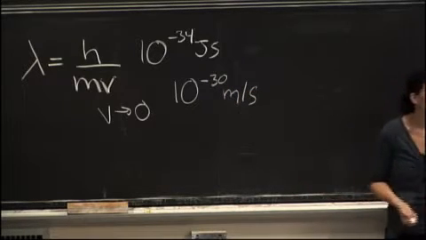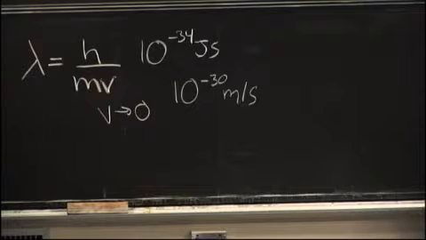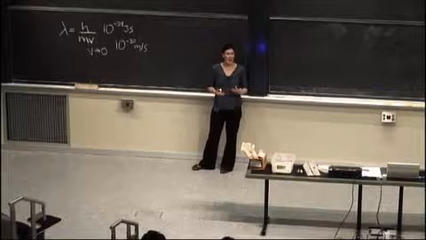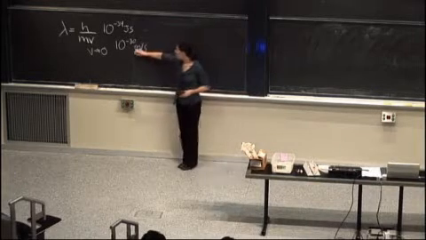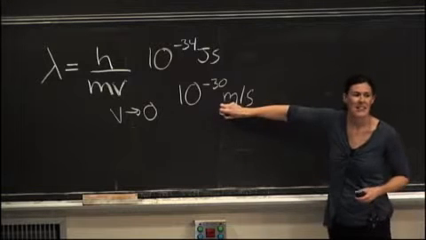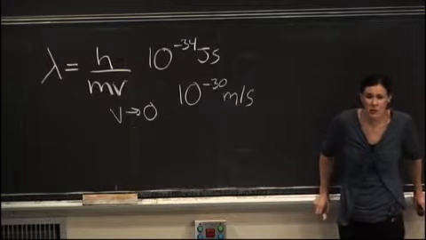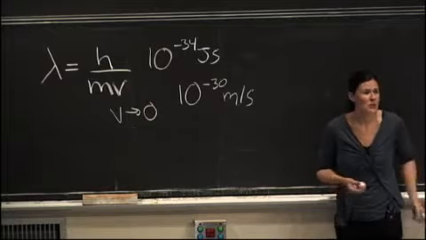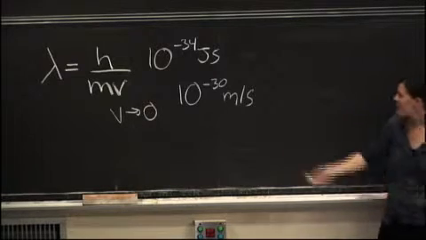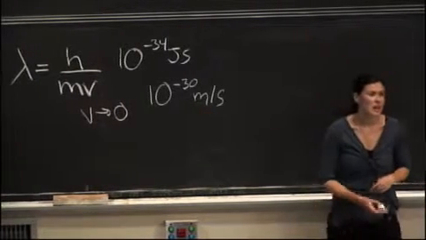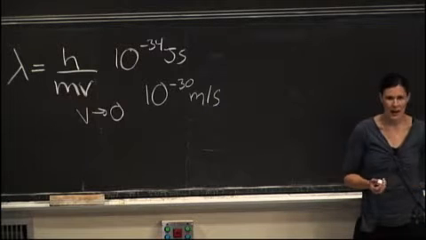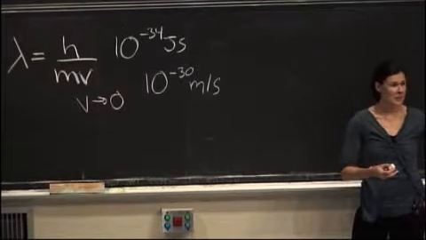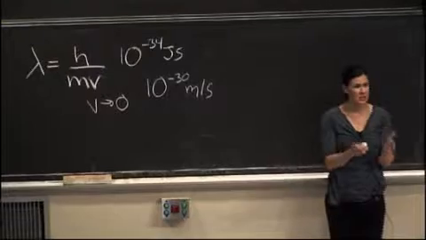First of all, that's pretty slow. It's going to be hard to measure anyway. And in fact, if we're talking about something going 10 to the negative 30 and we're going to observe it using our eyes, so using visible light, we're actually not going to be able to do it, because we're limited by the wavelength of light in how precisely we can measure the position.